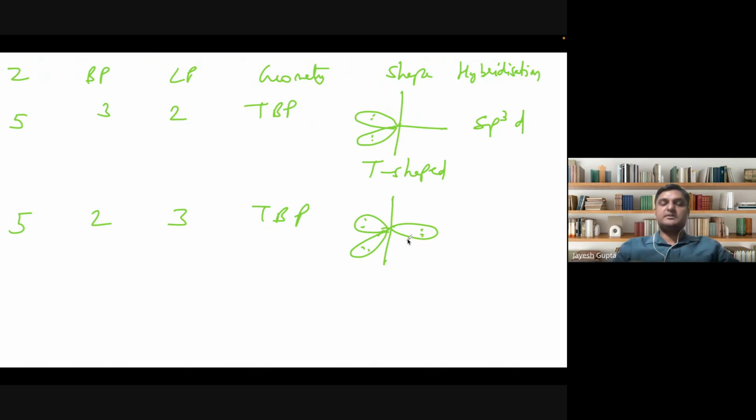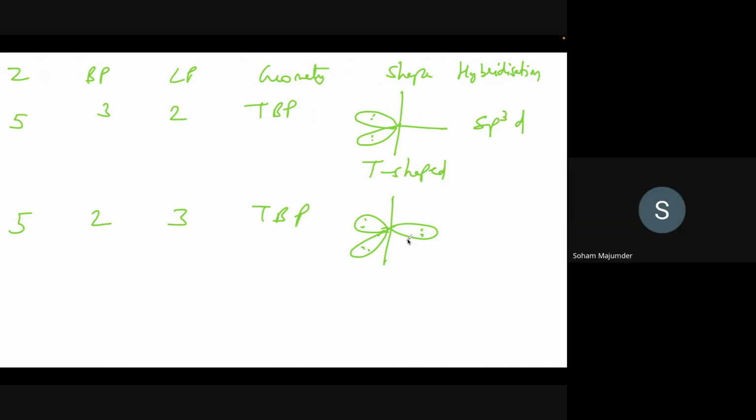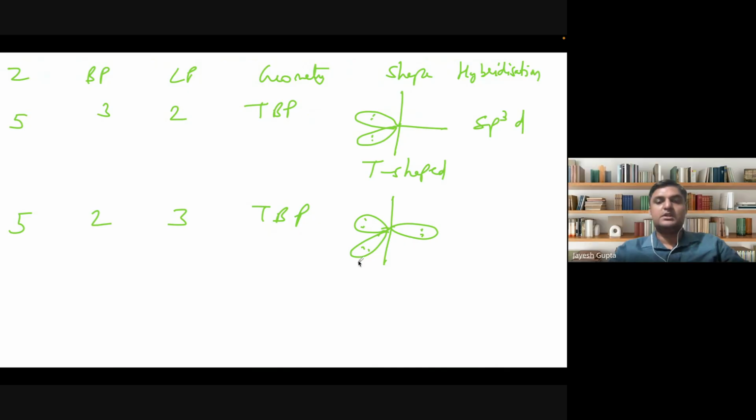Now can you tell me the shape of this one? So linear. Yeah, very good. You can see lone pair we do not count. We see only bond. So bonds are kept in linear fashion. So hybridization is sp3d and it is linear.